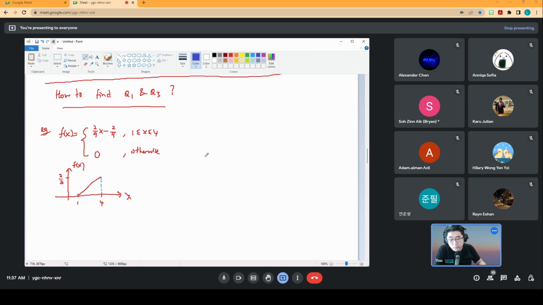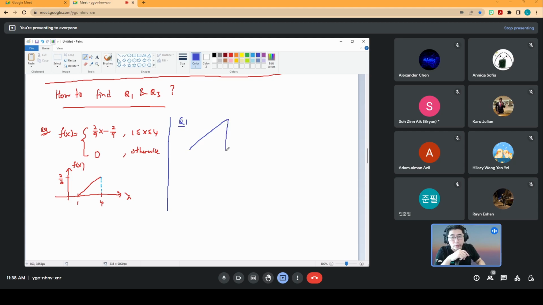So what method are you proposing? Either the integration one or the complicated one. It's not so complicated, it's just that the value is not nice, that's all. Let's say we want to look at Q1.